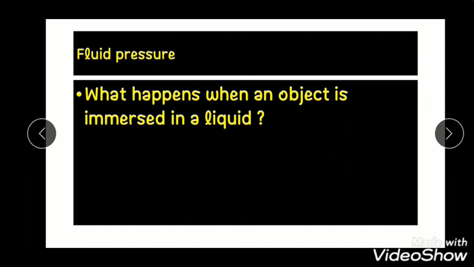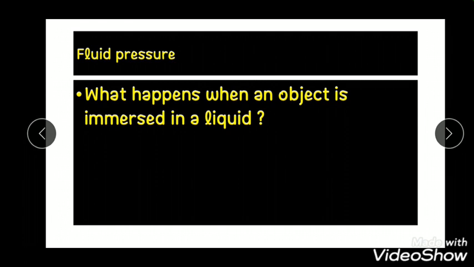That is the activity in your textbook. In the second activity, we can see that liquids, the fluids, apply an upward force. That is why objects like a balloon and a water bottle float on water.